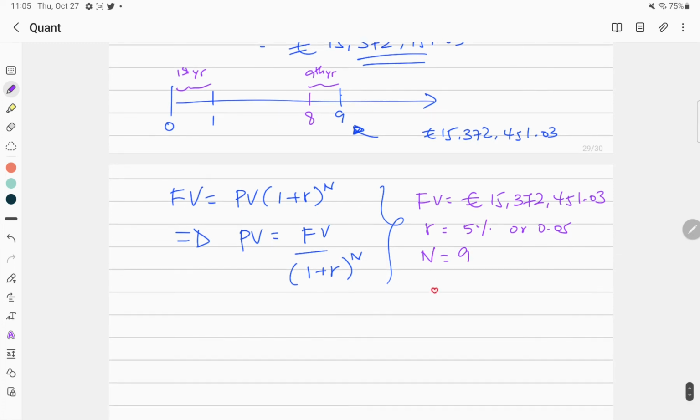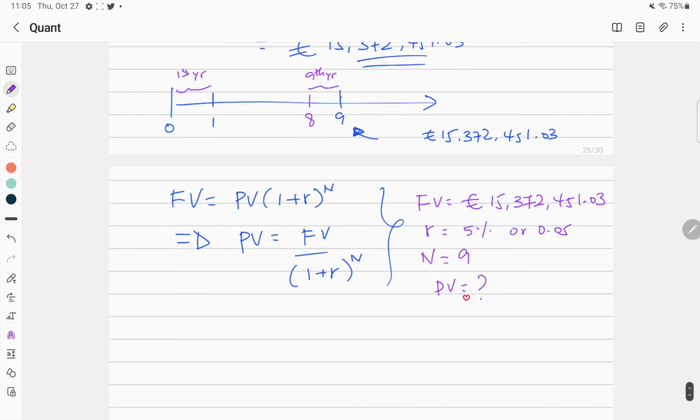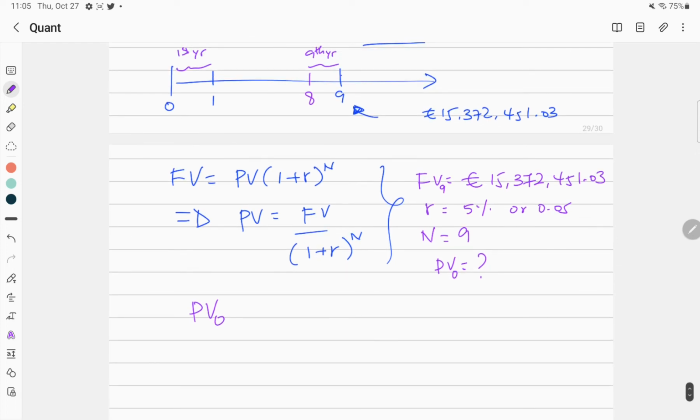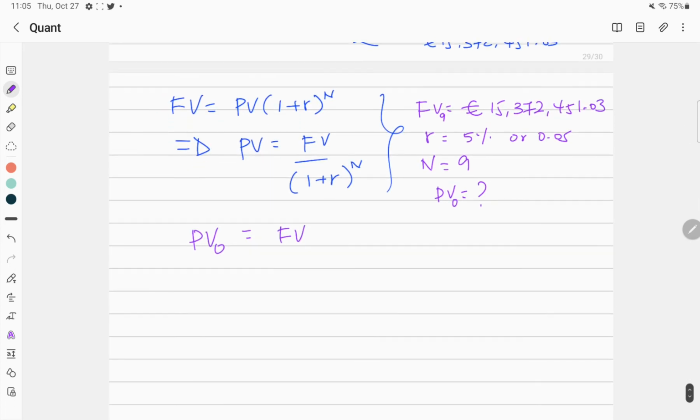So now we calculate the present value. This present value is the amount at t equal to 0, and this future value is at t equal to 9. The present value at time 0 is simply the future value at t equal to 9, which is this amount that we calculated from here, divided by 1 plus r raised to n.